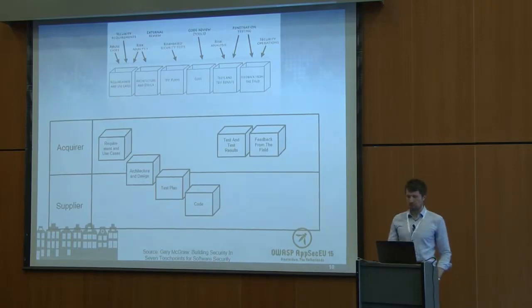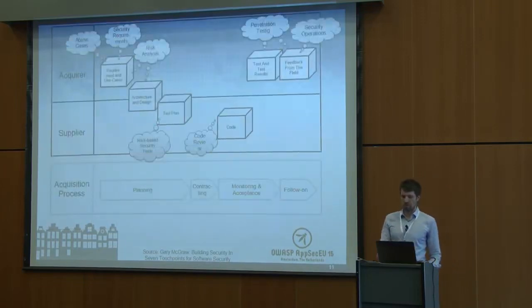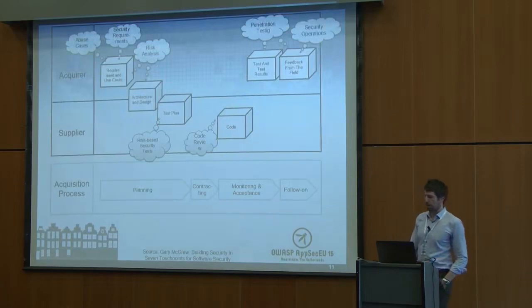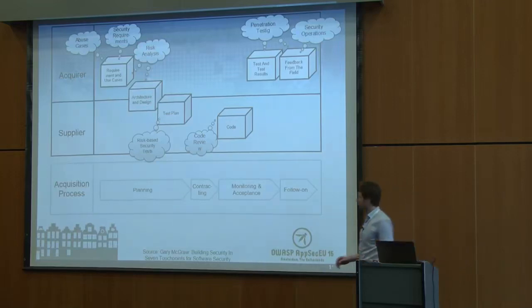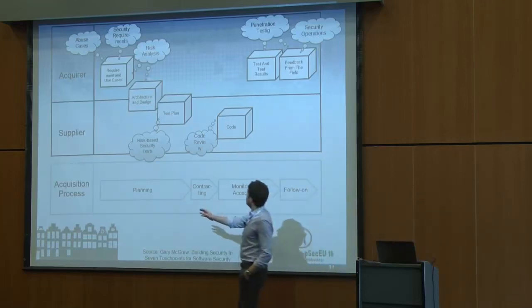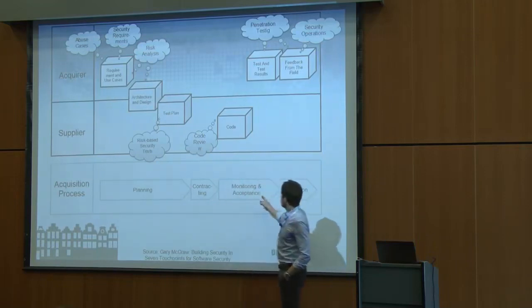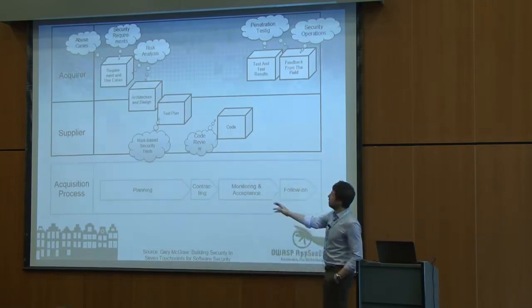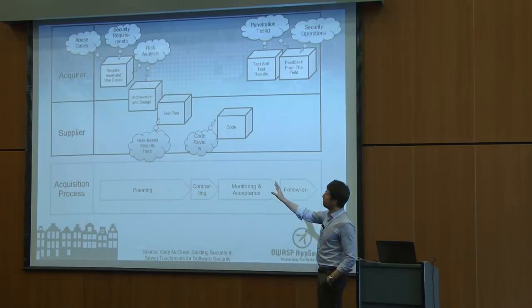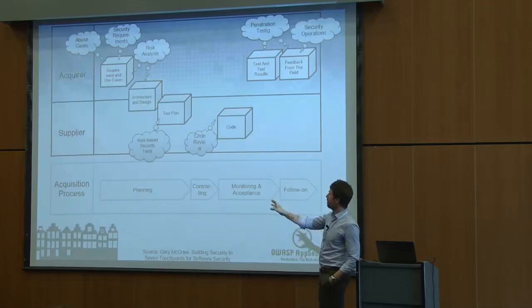And then we went a step further and looked at how these activities or phases can be mapped to the acquisition process. The acquisition process here consists of planning, contracting, monitoring and acceptance, and follow-on. When looking at how this maps to the software development lifecycle, the first couple of phases are part of the planning phase.